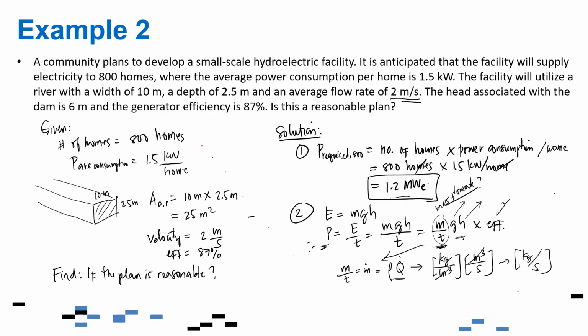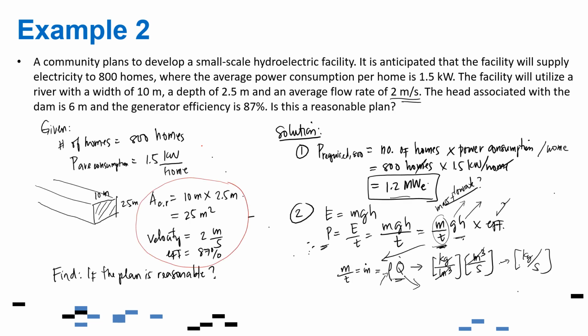So this is a correct formula. The density is known. This is water density, a constant for water at a certain temperature. But Q is not given. But if you look at the part here again, we are given the area and the velocity.